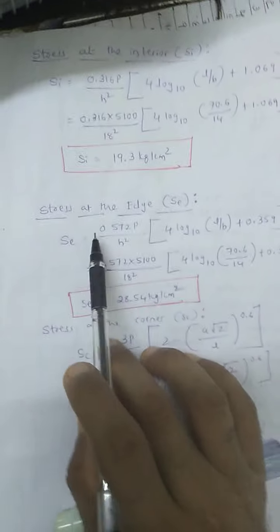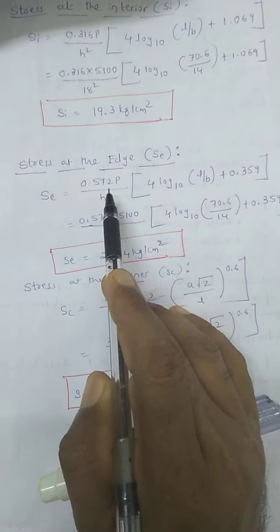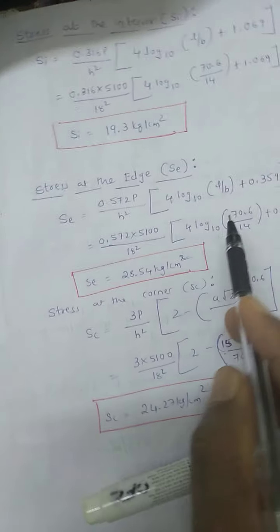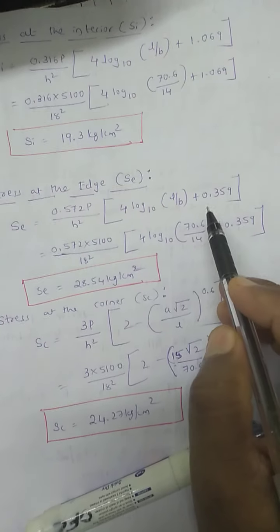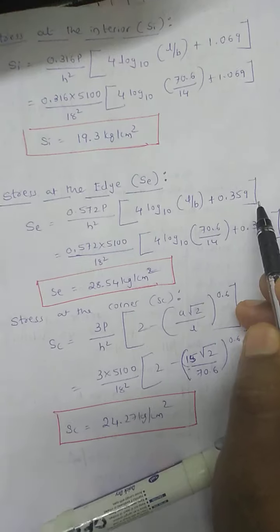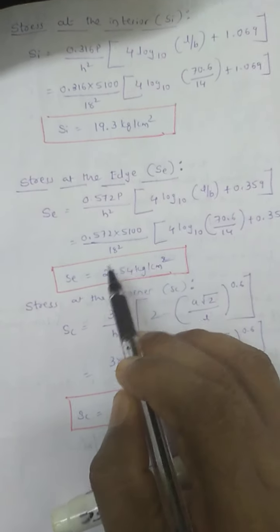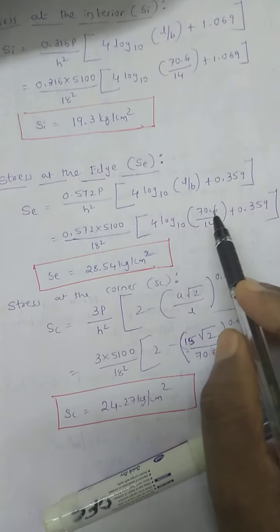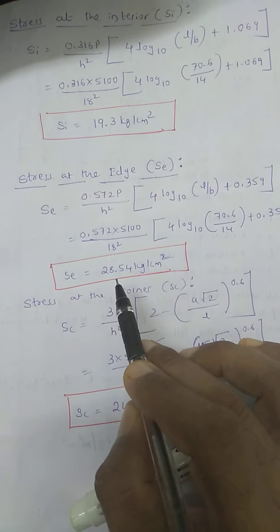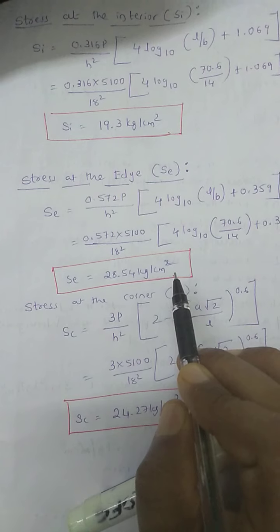Second one is the stress at the edge region, that is SE equals 0.572 P divided by H square into 4 log base 10 L by B plus 0.359. This is the formula. Put the values P, H, L and B, and we get SE is 28.54 kg per centimeter square.